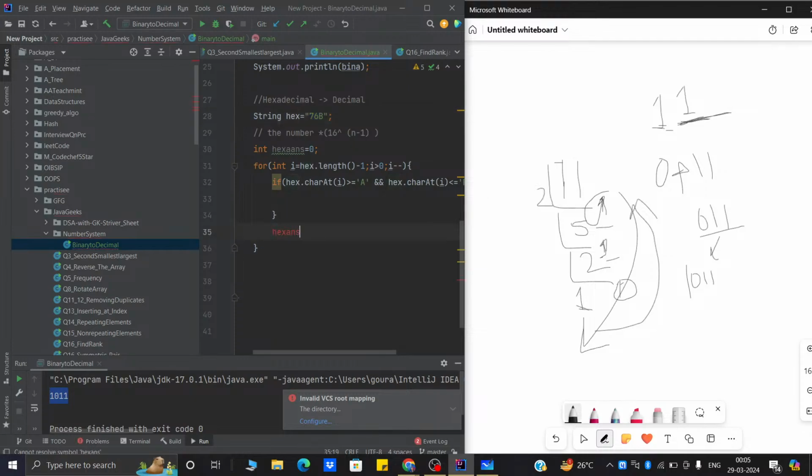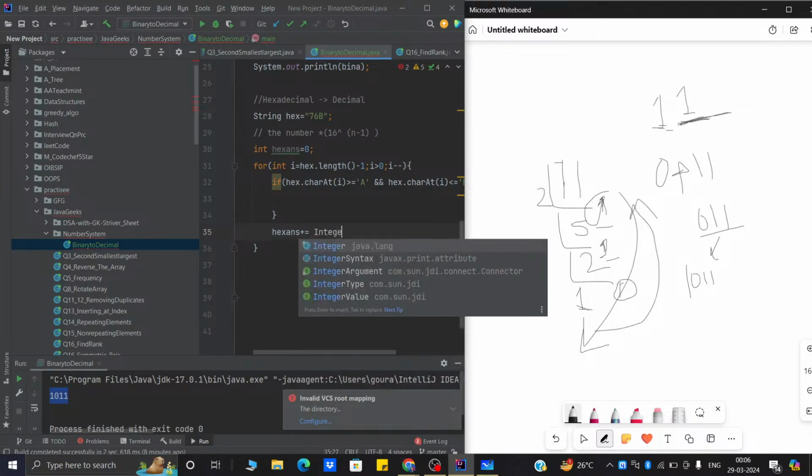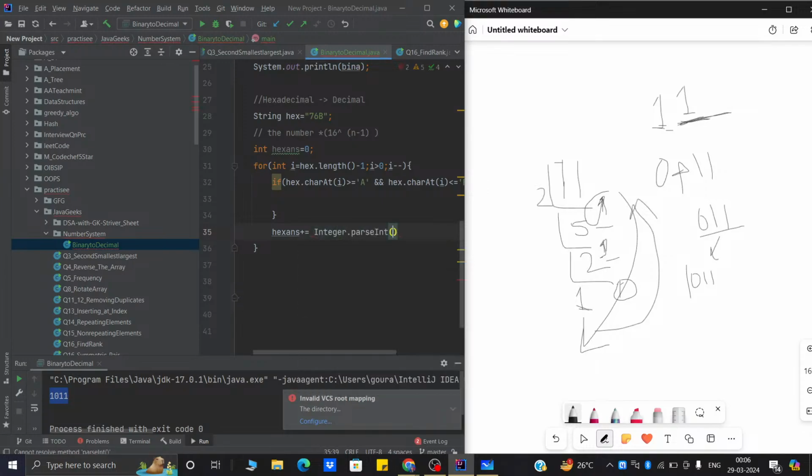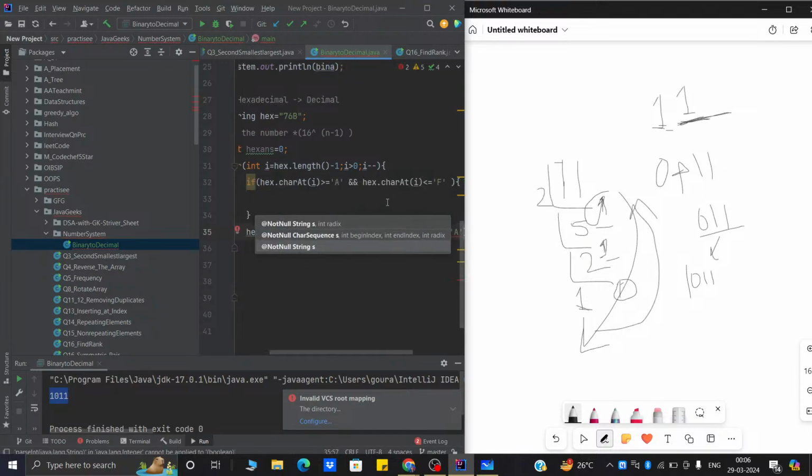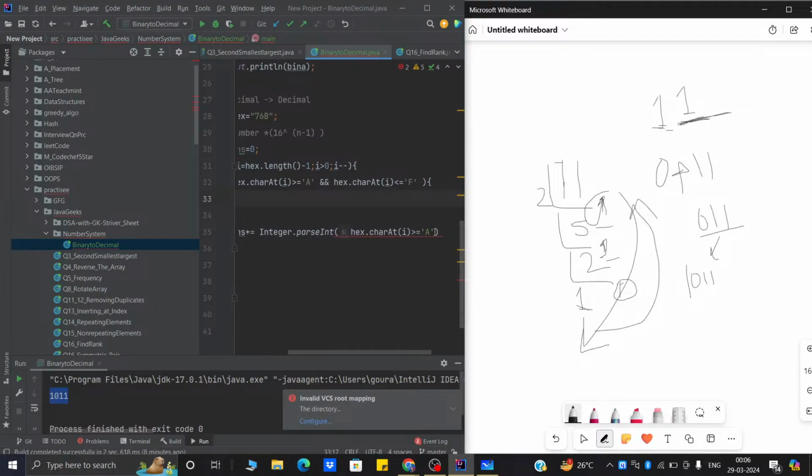Hex answer plus equals to this number. So Integer dot parseInt of hex dot charAt i.